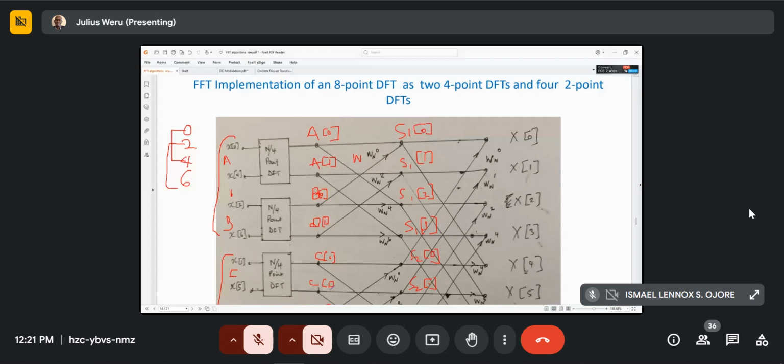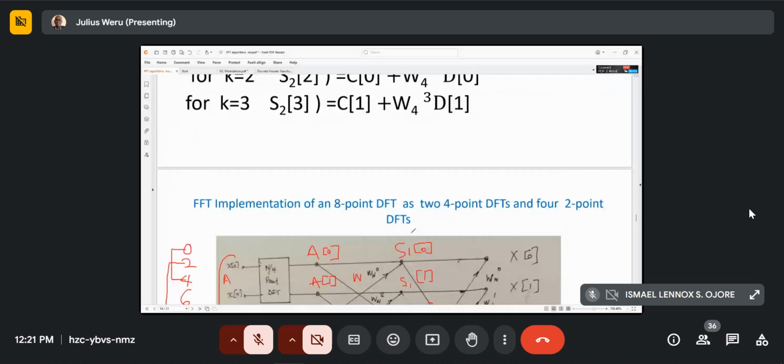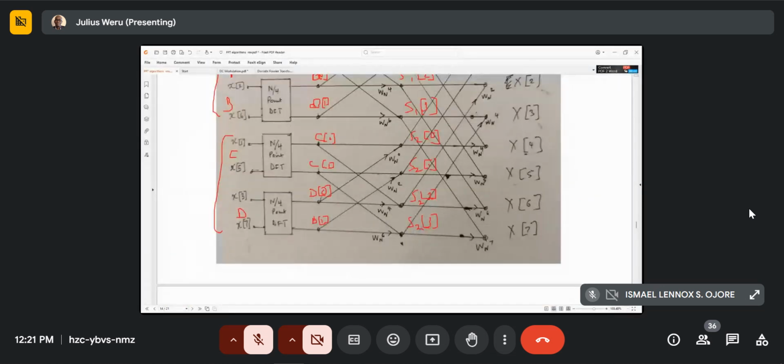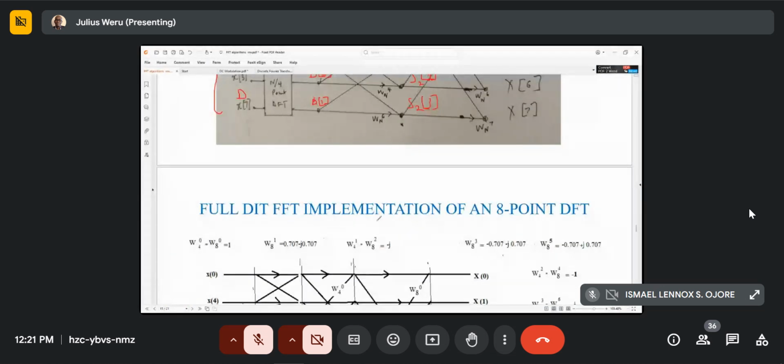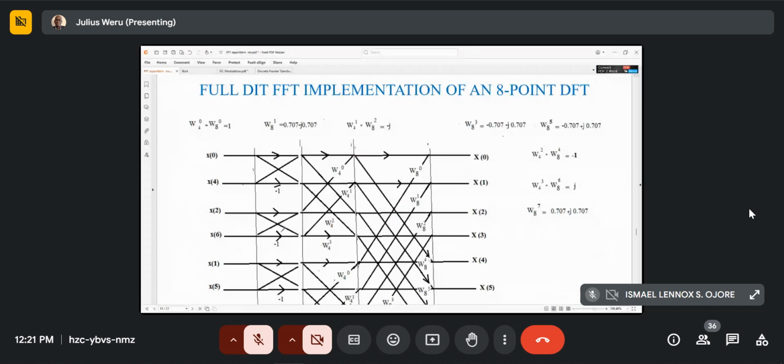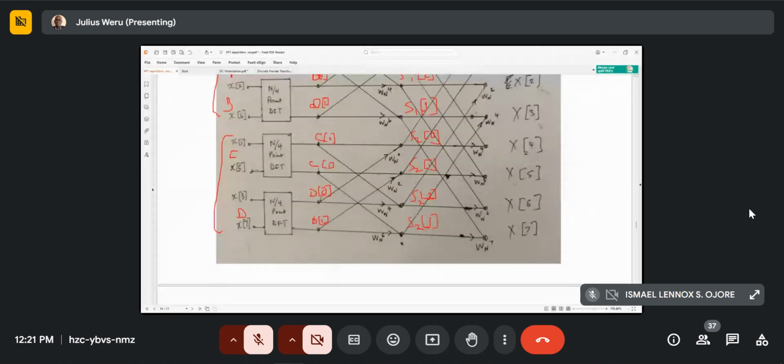So I hope again that is clear. The only thing I apologize for is that I used W8 instead of W4, but it does not change anything. These are the same. It's like using W4 0, 1, 2, 3.